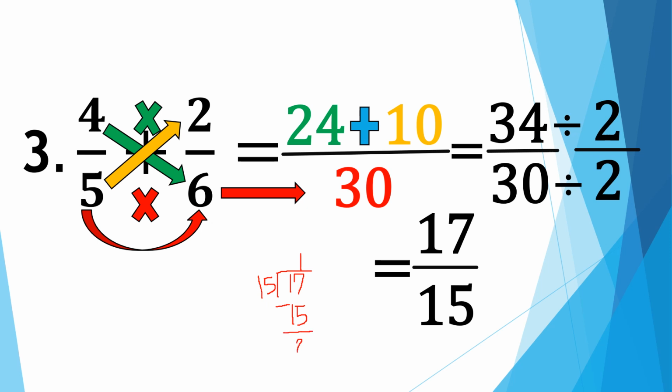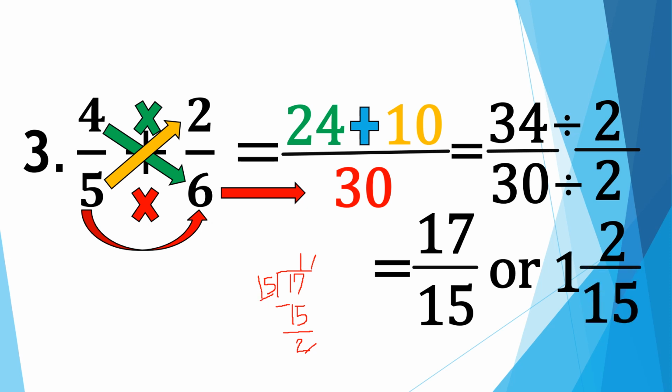Then remember, the quotient 1, this is the whole number. Then the remainder 2, this will be the numerator. And the divisor 15, this is the denominator. So 4 over 5 plus 2 over 6 is equal to 17 over 15 or 1 and 2 over 15.